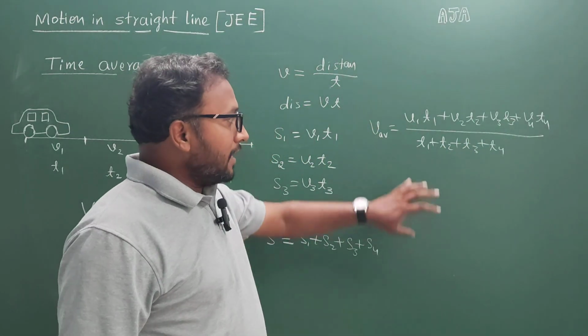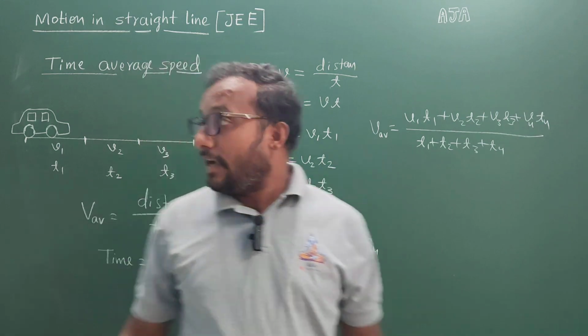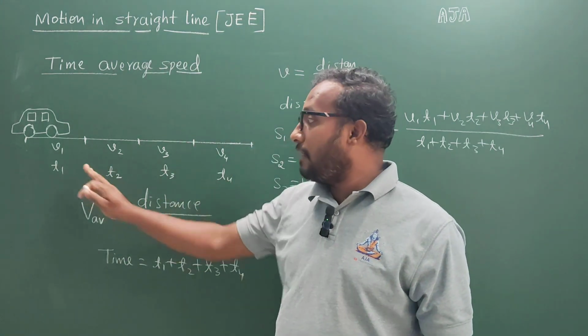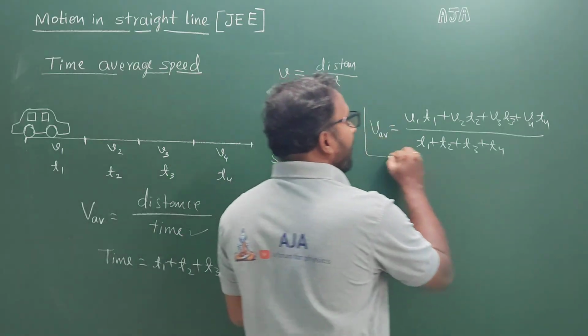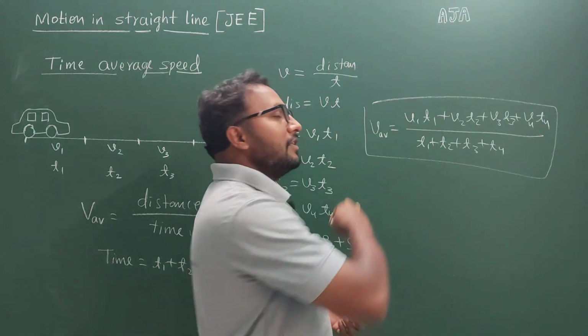So if you are calculating the average speed when different speeds are given at different time intervals, the calculation is done using this formula.